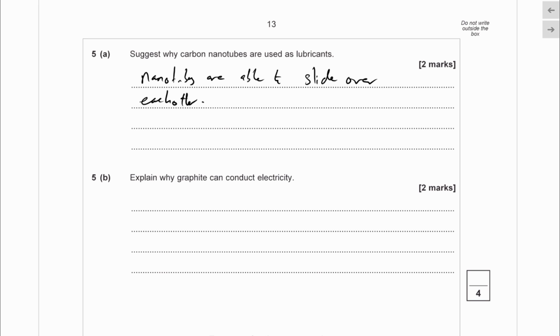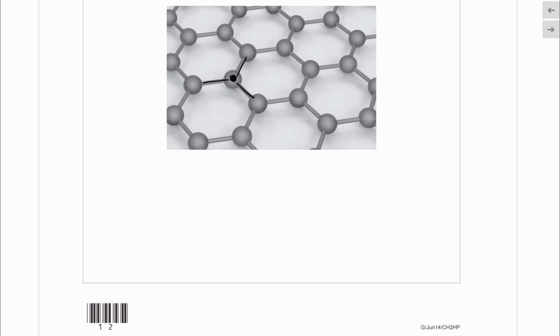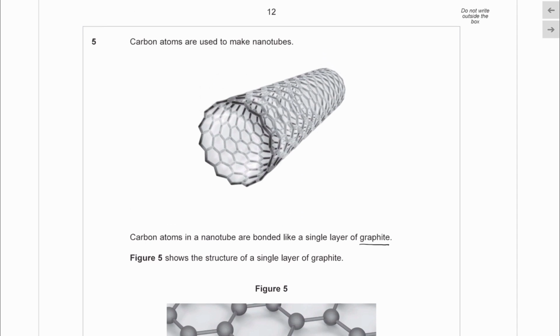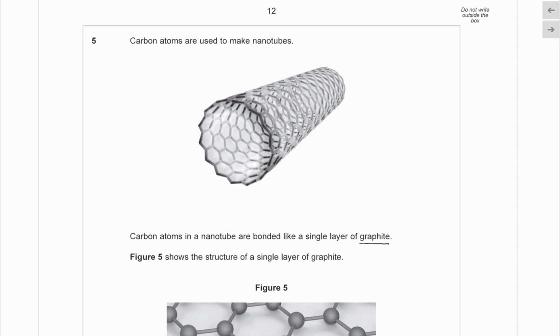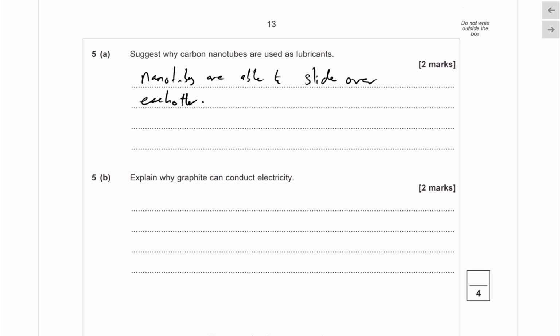Right, and how do we know that they're actually able to slide over the other tubes? Well, if we have a look up here, this tube is basically a self-sustaining object, if you like. If you had another tube next to it which looked the same, those two tubes wouldn't be covalently bonded together. They wouldn't be bonded together at all.